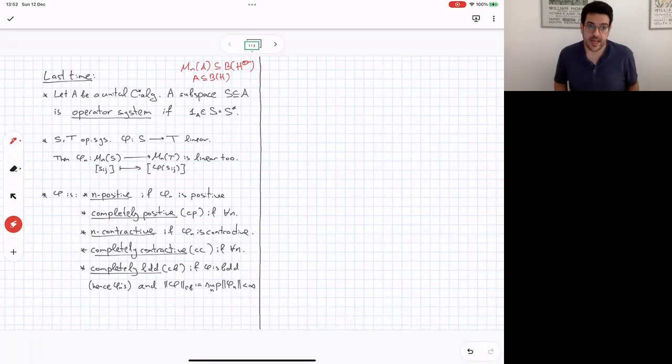The motivation I gave you last time for the definition of operator systems is that they carry an extra baggage of structure of positive elements and norms on the Mn(S). So in some sense, completely positive maps, and we also have the unit.